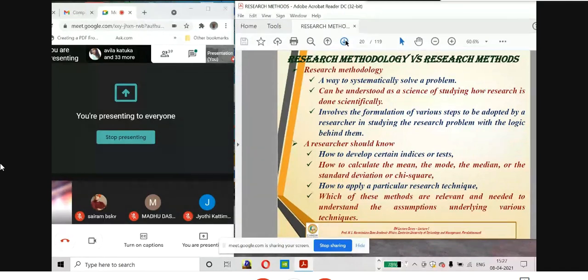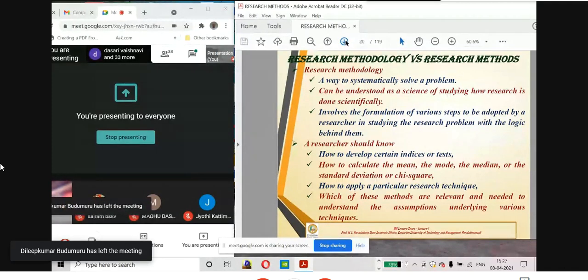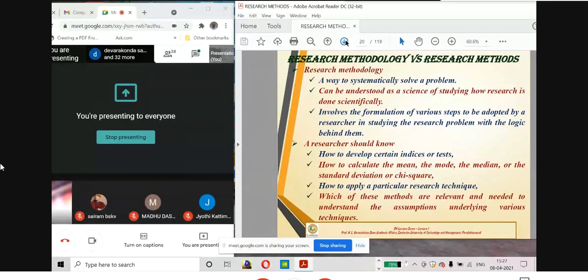So therefore, you must know what particular things are to be applied. Now, which of these methods are relevant, and you need to understand the assumptions underlying various techniques. There are several methods: mathematical methods, statistical methods, or simulation models, etc. Each and every method will have certain assumptions, because research is an ever and unending process.